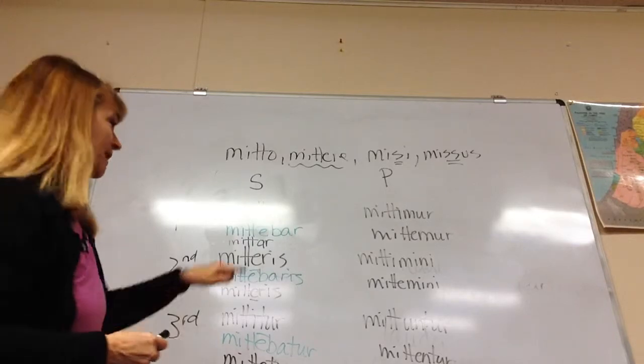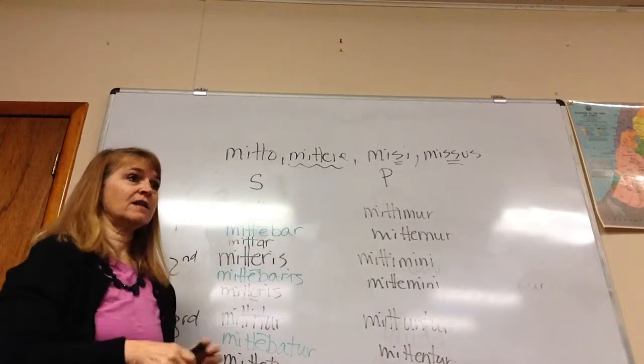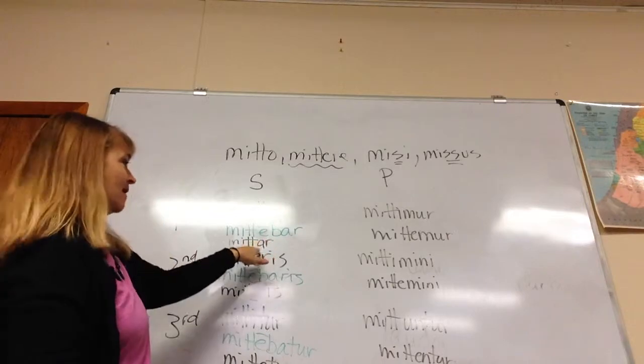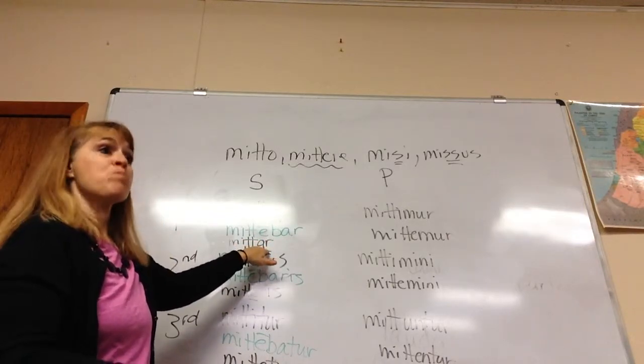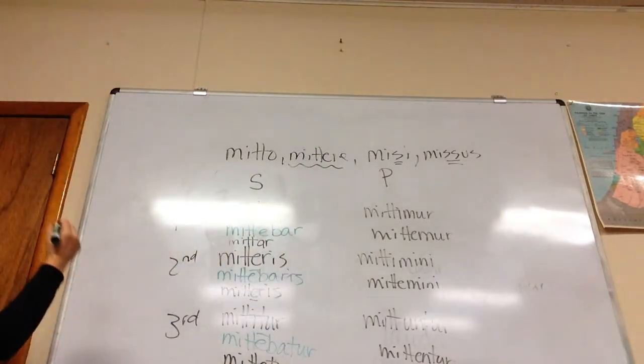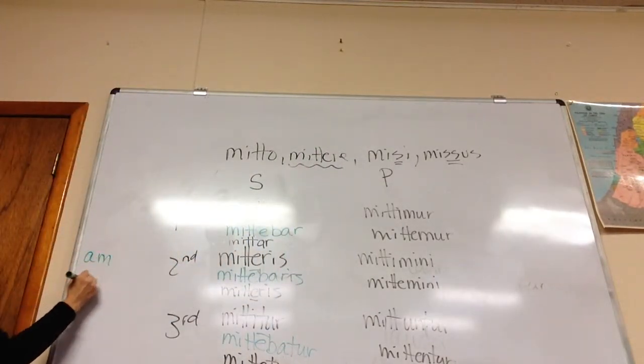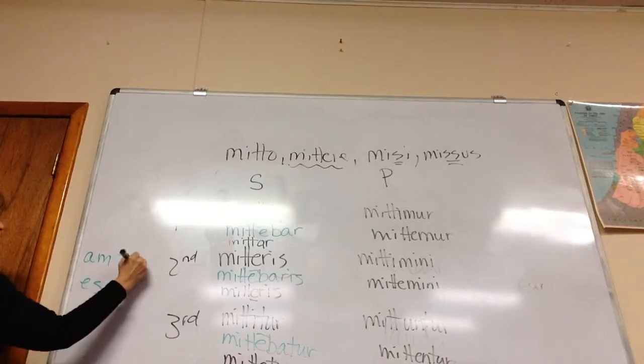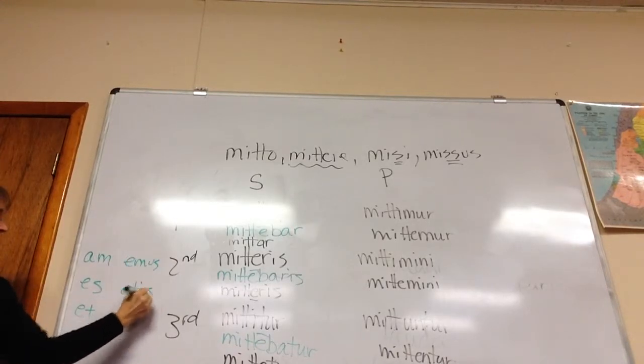So for third conjugation, is the first person singular future tense always an R in the passive? In the regular active voice it would be M, but in the passive, yes, AR. That's not an exception to the rule, that's the rule for third and fourth, yes. Because the future would be am, es, et, emus, etis, ent.